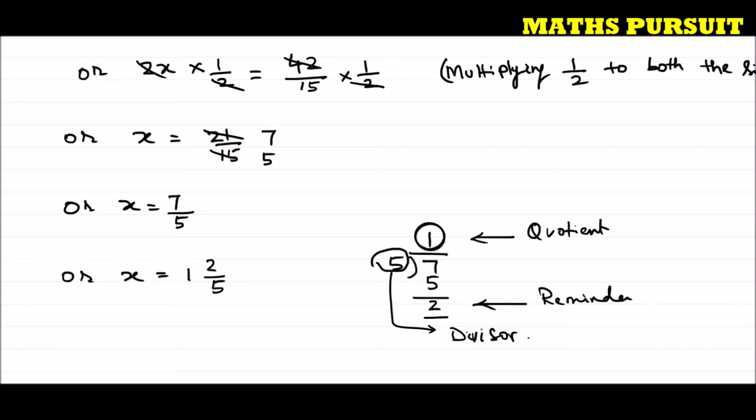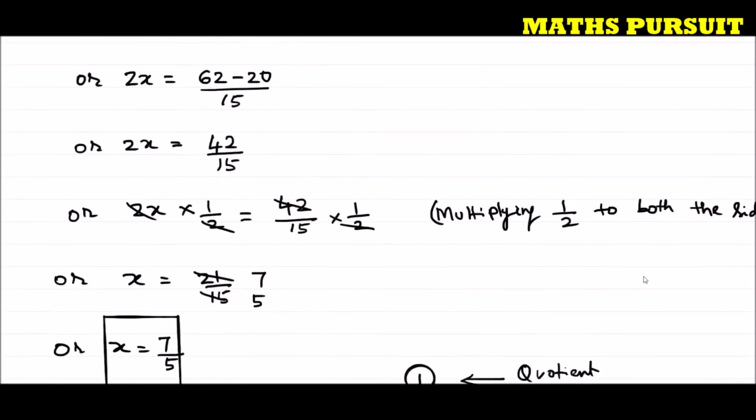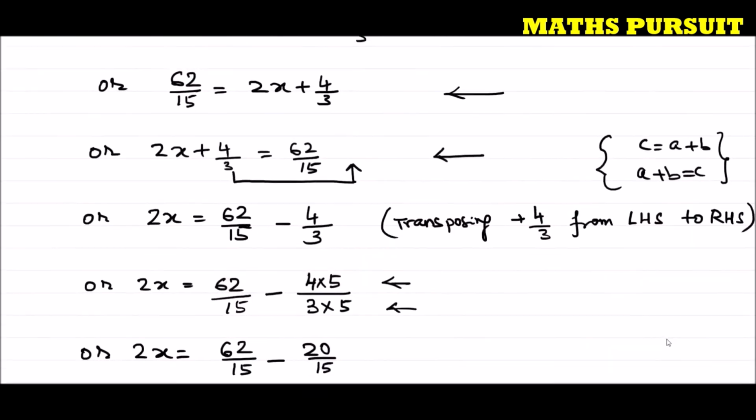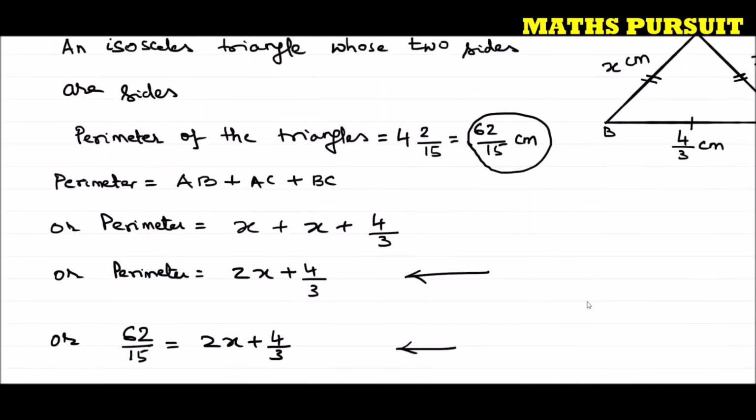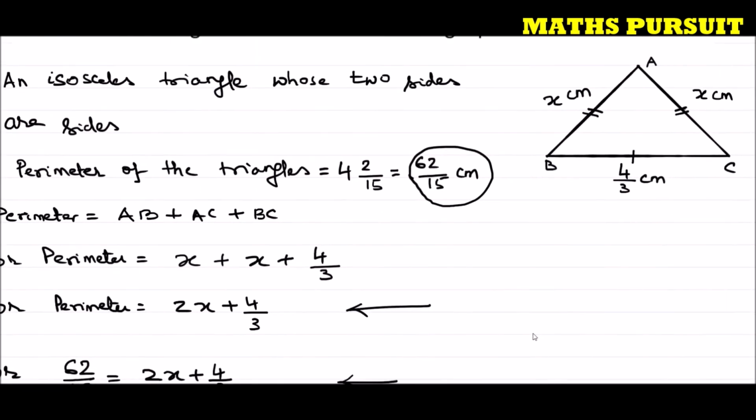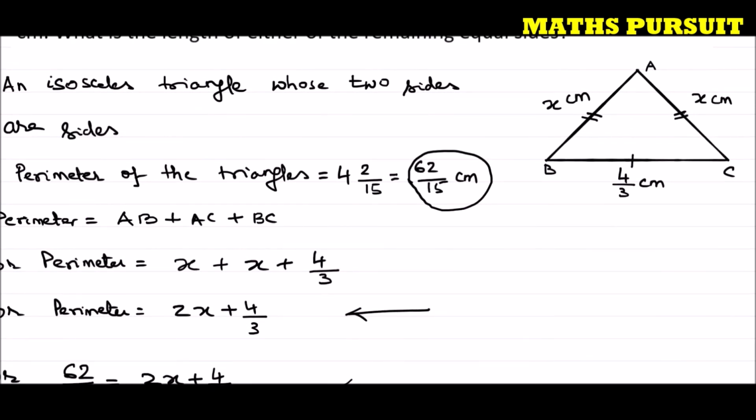We could have left our answer as x is equal to 7 upon 5. But if you look here, the question has given us one side of this isosceles triangle as 4 upon 3, and the perimeter as 4 2 by 15.